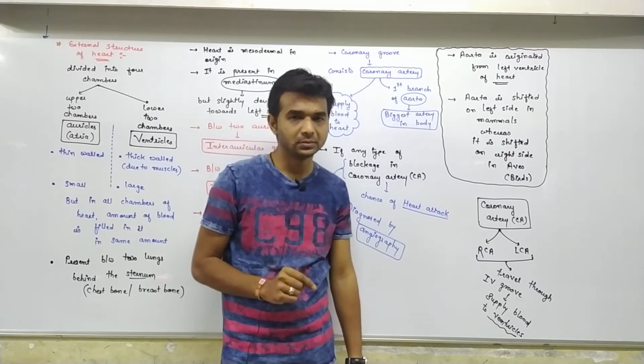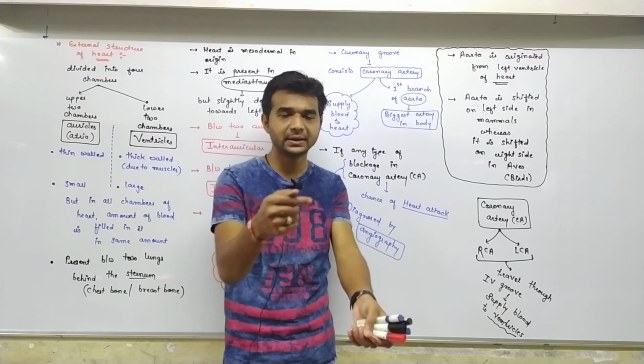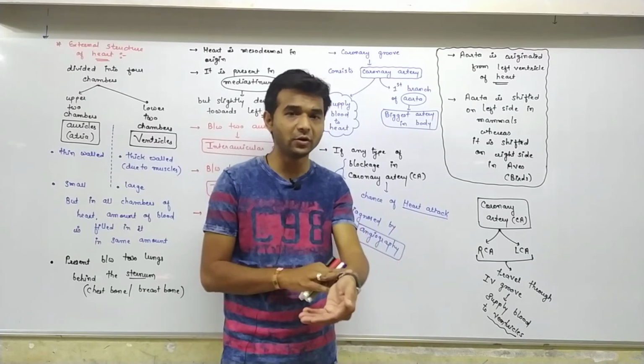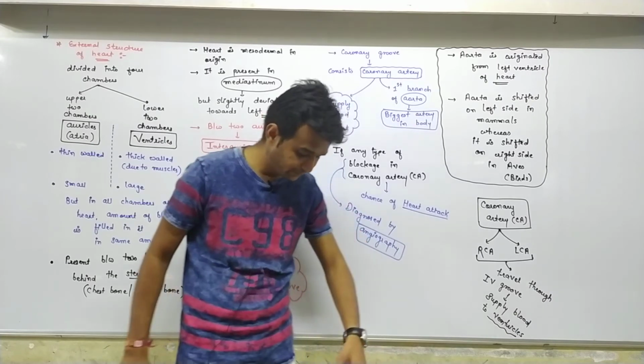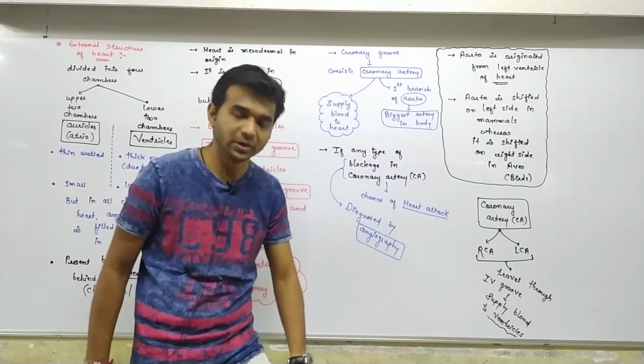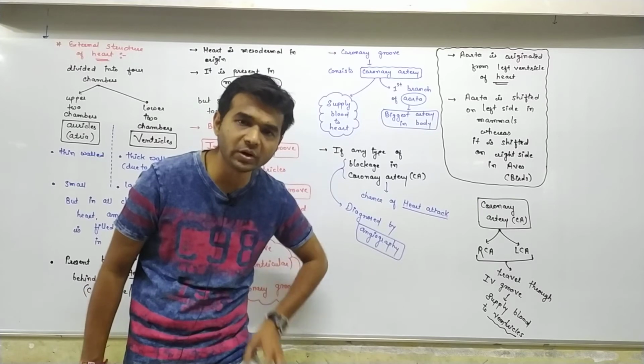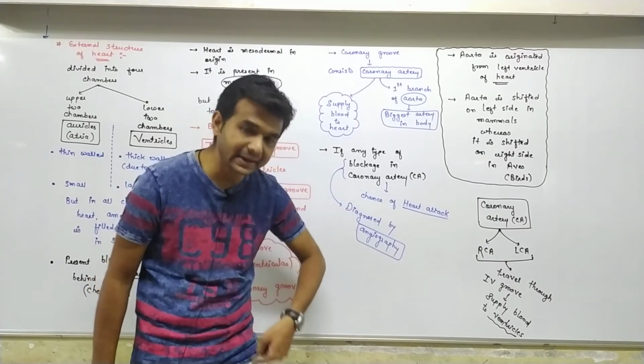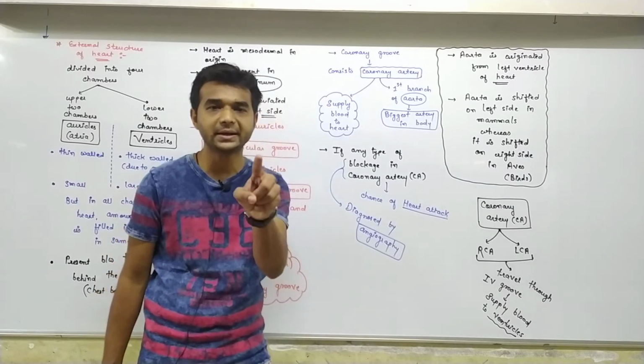The balloon is introduced through this radial artery. Sometimes the radial artery cannot be obtained in the proper way, so select the thigh region. You know that the bone present in the thigh is known as femur. So here the artery is known as the femoral artery.